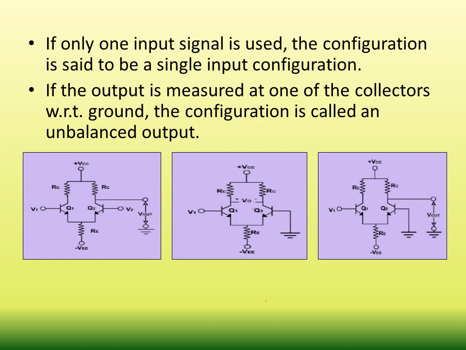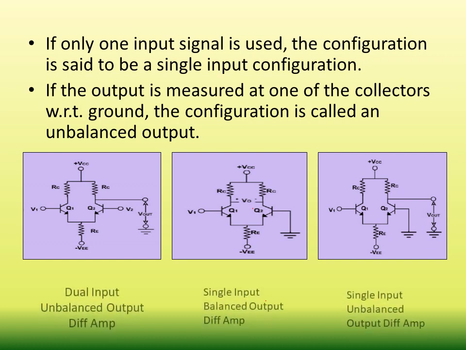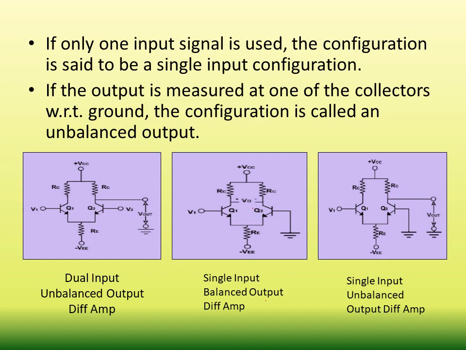In the third case, it is observed that input is provided at one end, the second end is grounded, and output is obtained from only one of the collectors. So these three are named as below: dual input unbalanced output, single input balanced output, and single input unbalanced output differential amplifier.